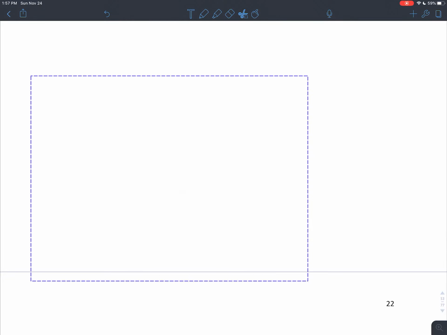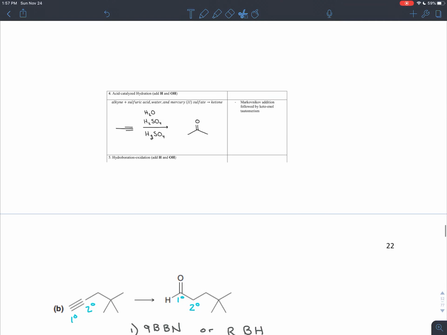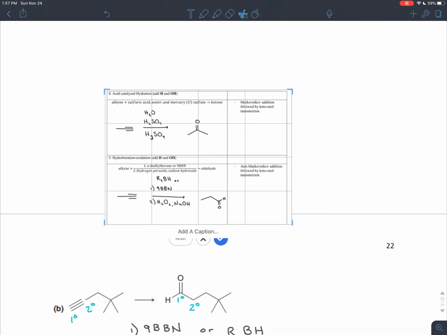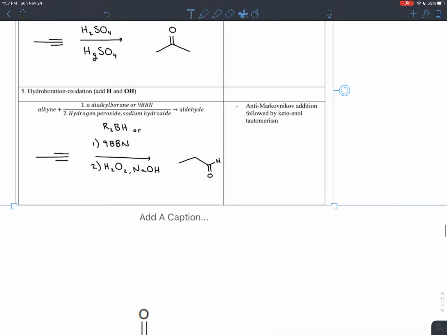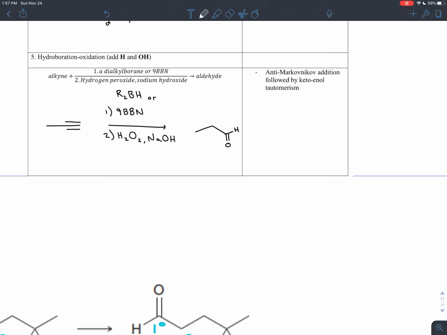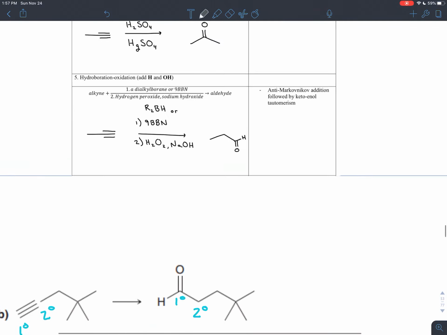If you have this reaction memorized, which we had up here too, you would know that you can turn an alkyne into an aldehyde. That's a carbon double bonded to oxygen that has a hydrogen on one side. You can do that by doing hydroboration oxidation, using this recipe that we just wrote down.